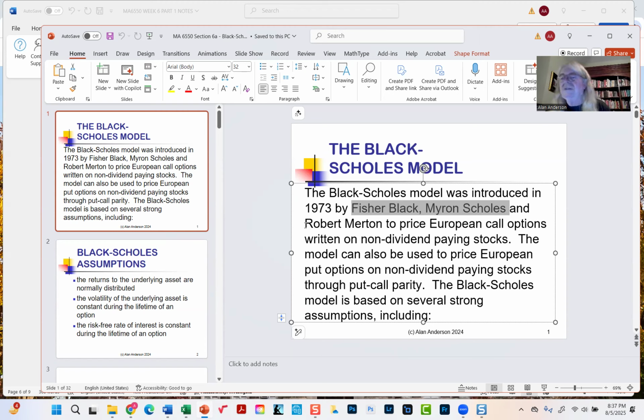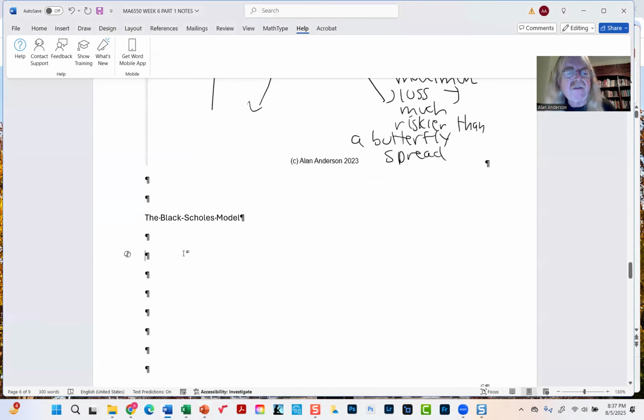It was something called, let me just sneak this in here somewhere, the Black-Scholes model was based on a new branch of mathematics that literally came out in the late 50s called stochastic calculus.